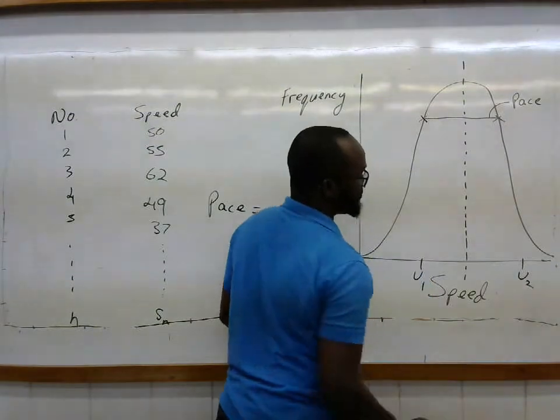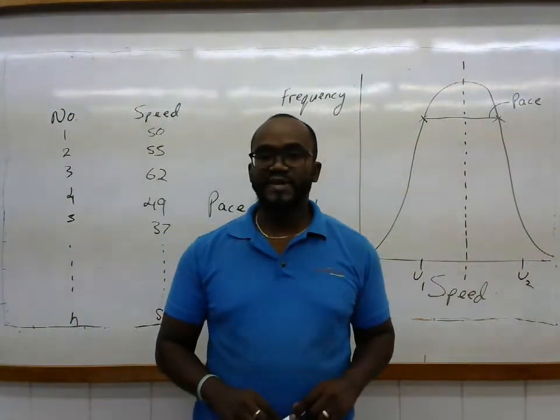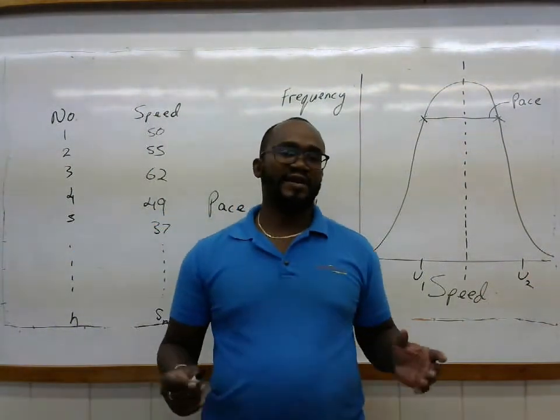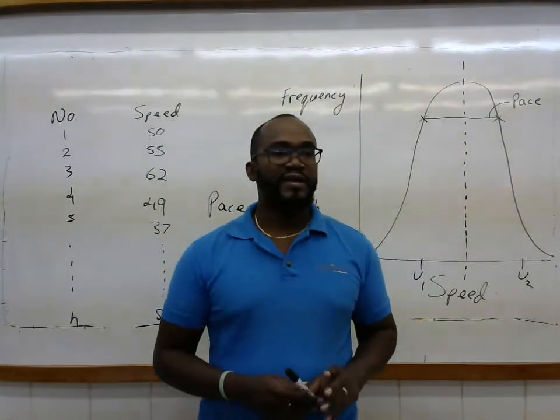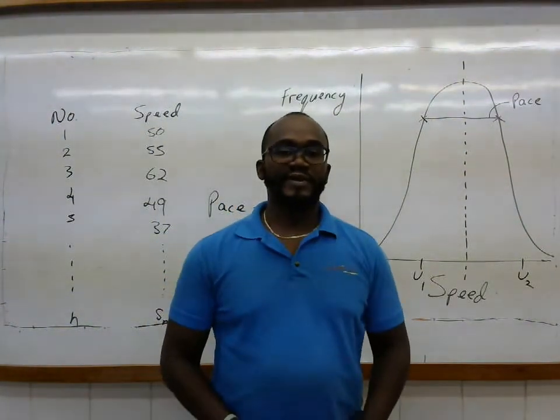Now, why is that important? Well, when we're looking at setting speed limits and other safety analyses for roadways of any type, whether it's arterial or freeway, it's important to understand what the general population is actually doing.